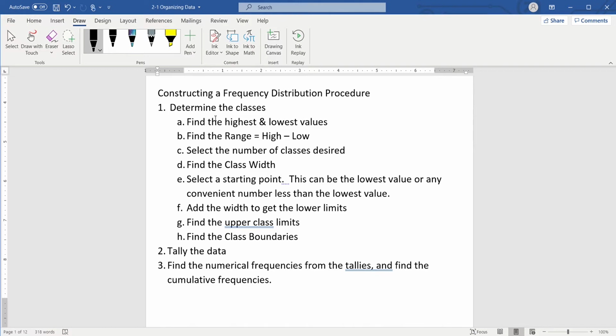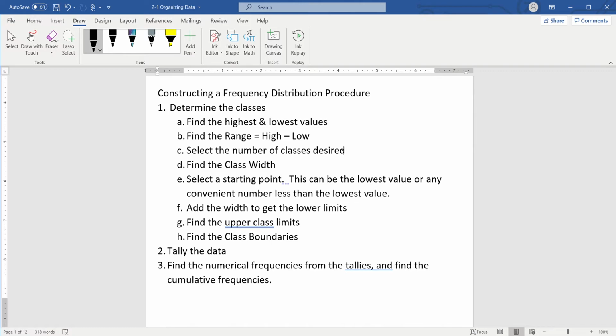Then you will want to find the highest and lowest values. Find the range, which equals your highest minus your lowest value. Select the number of classes desired. Again, you should be told that. If you're not, usually the amount of classes you're going to have is somewhere around 4 to 7, and it depends.